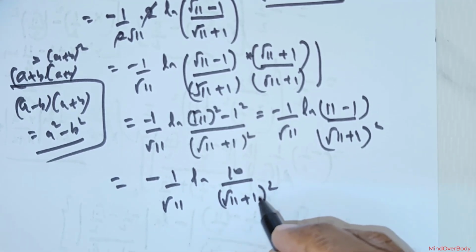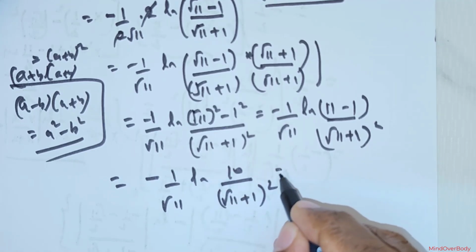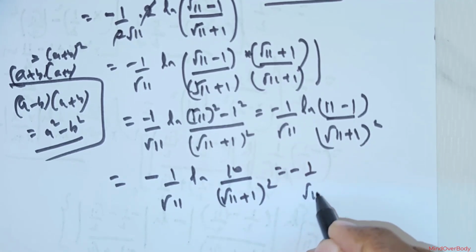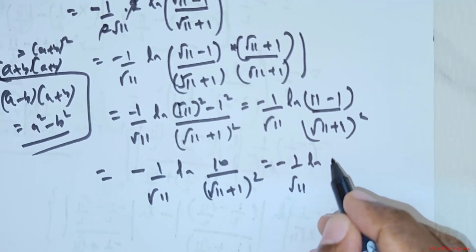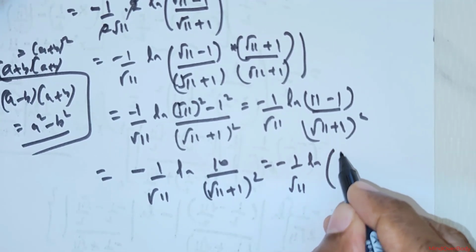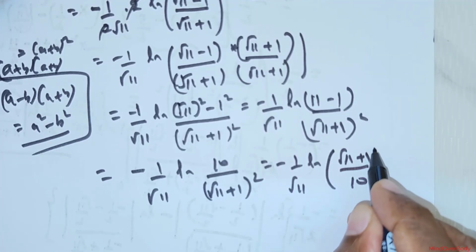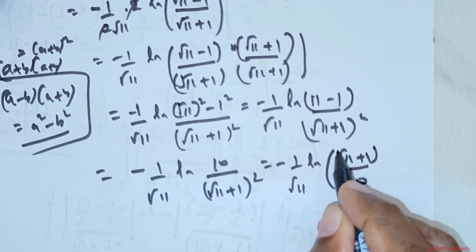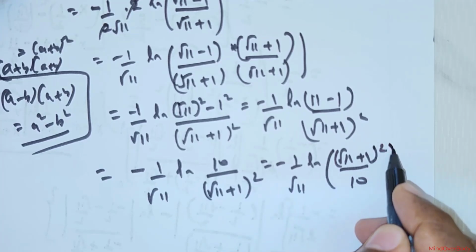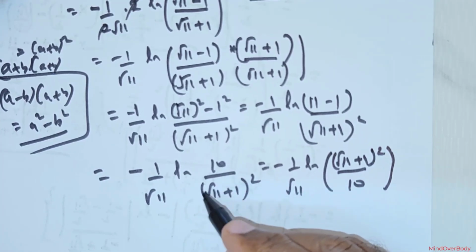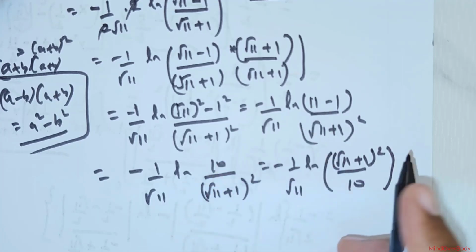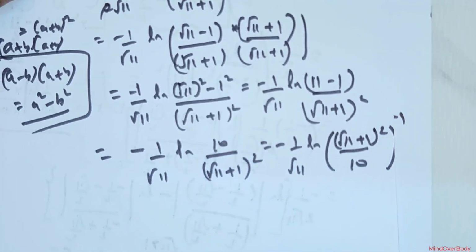Right. Now, if I were to flip this, I can rewrite this as negative 1 over root 11 ln of root of 11 positive 1 divided by 10, this is raised to the power of 2. But since I have changed the orientation, this will become negative 1.